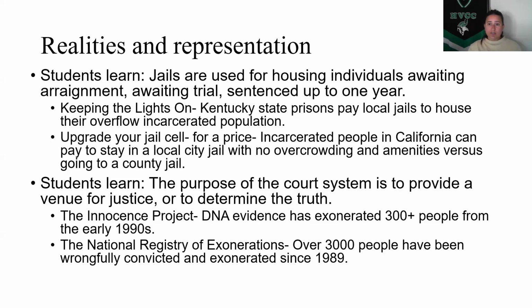A jail is used if someone is awaiting arraignment, they're awaiting trial, or if they've been convicted of a crime and have been sentenced and their sentence is up to 1 year. They learn that. And that's typically all that the jail chapter will focus on, the people that work in the jail, a few of the issues of jails, but that's it. That's not actually how jails work in the US.